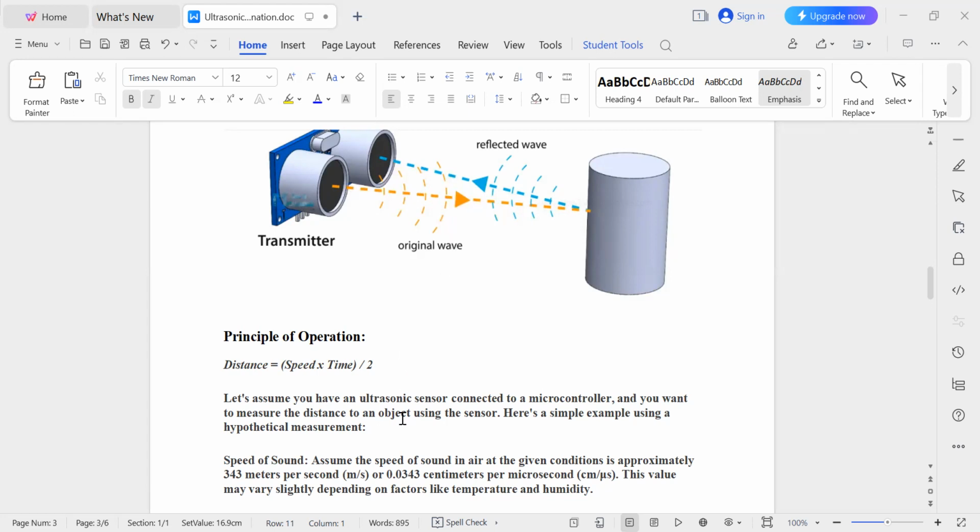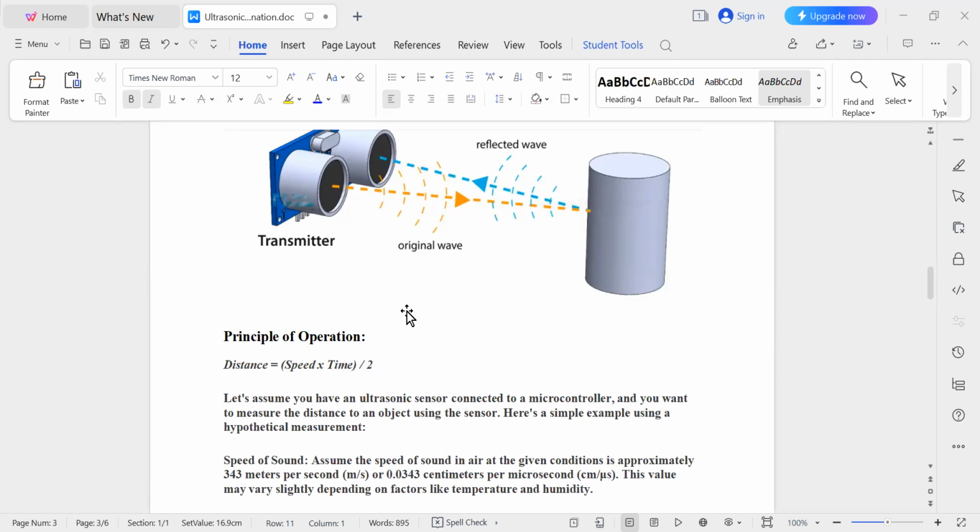Let us assume you have an ultrasonic sensor connected to a microcontroller, and you want to measure the distance of an object using this sensor. Here I'll give one example. To find the distance, I need the speed of sound and the time taken from here to the object and back to here.